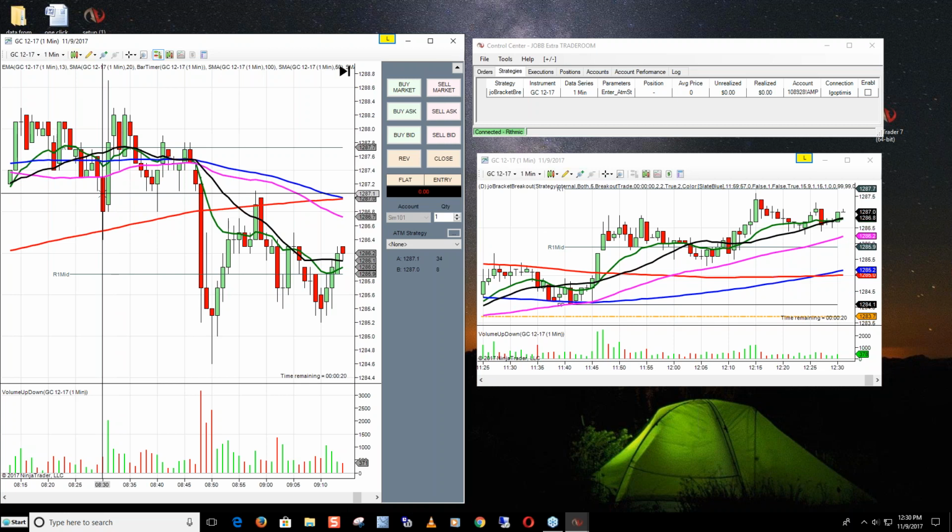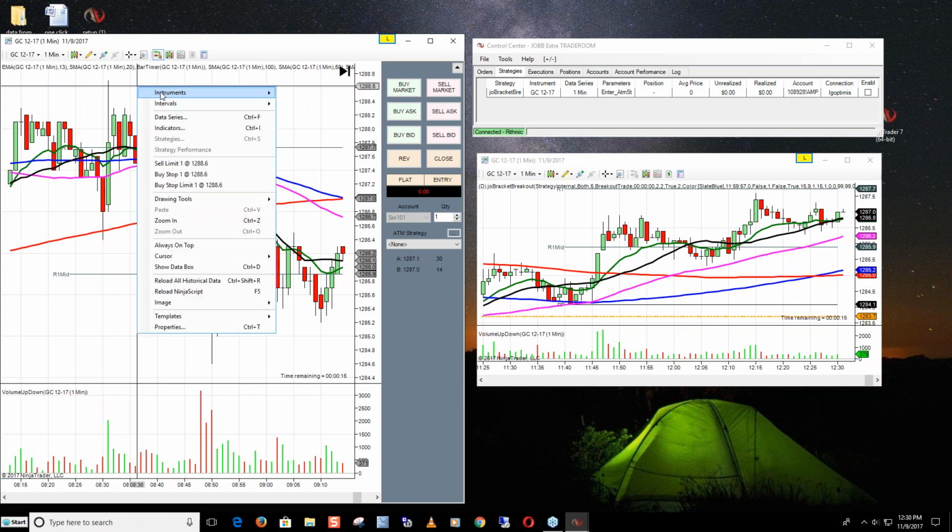Not really anything there to hold on to. Let's look at the yen.